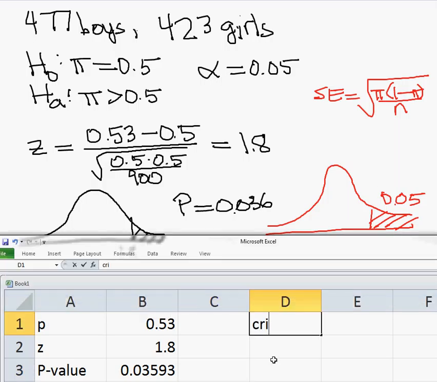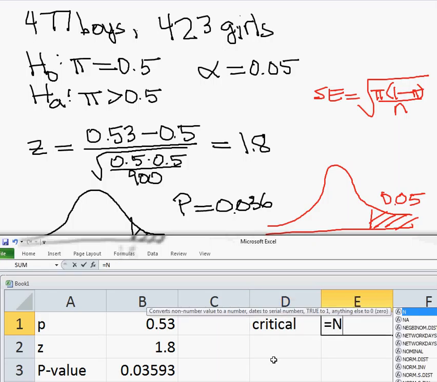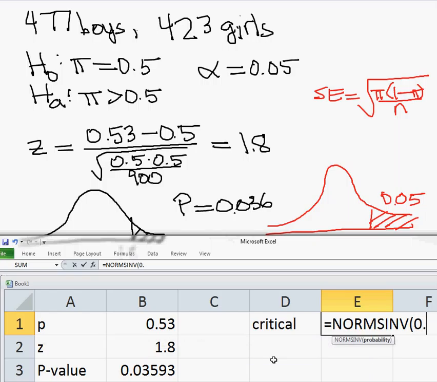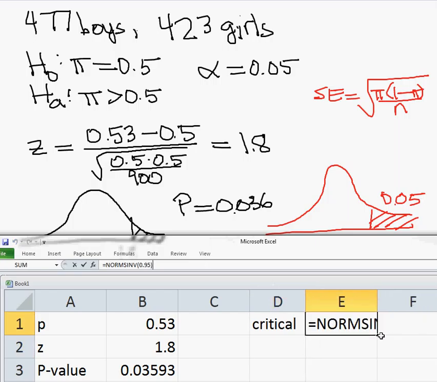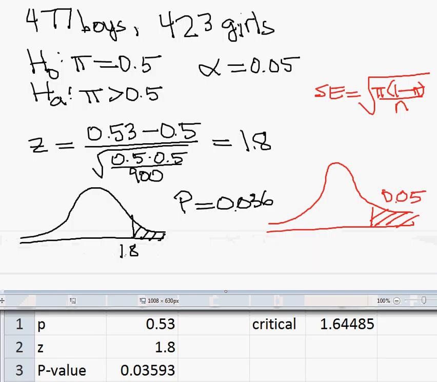So the critical value would be equal to NORM.S.INV of 0.95, so that 95% of the area lies to the left and 5% of the area lies to the right, for 1.64485.